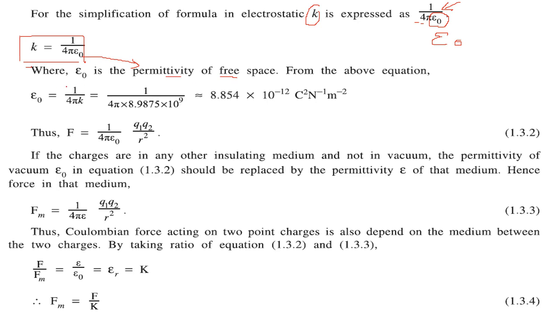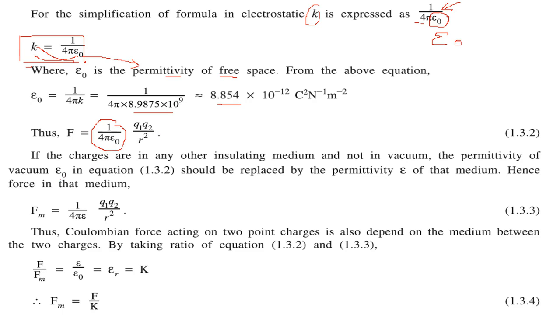So now the equation becomes: if you take epsilon 0 on this side and K on the other, epsilon 0 is approximately 9 into 10 to the power minus 12. The force will be given by 1 by 4 pi epsilon 0, Q1 Q2 by r square. And this is in vacuum.